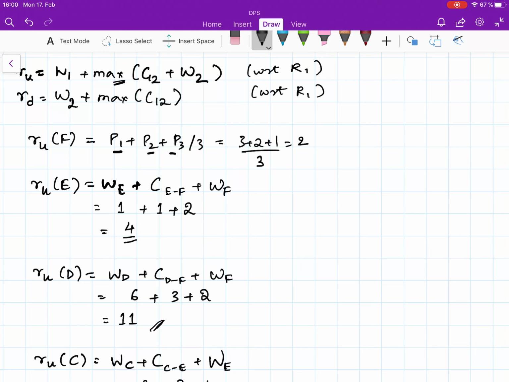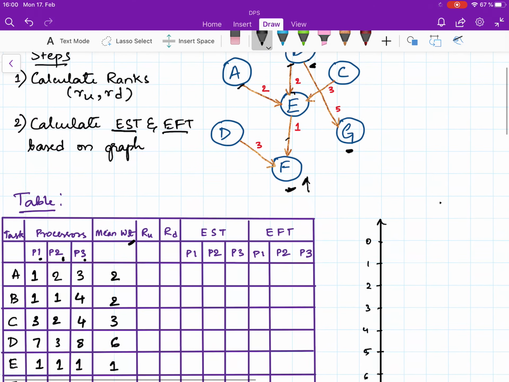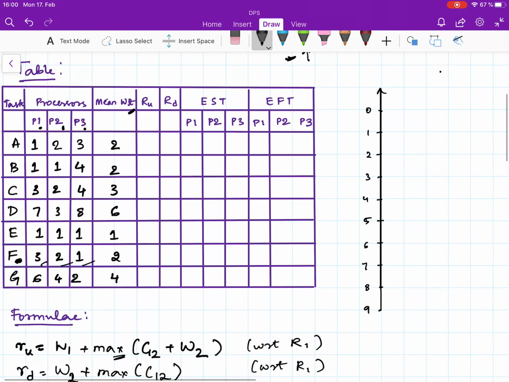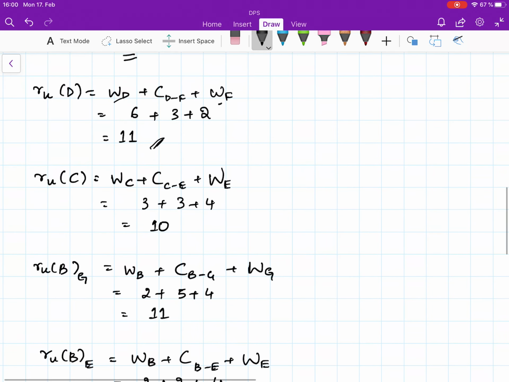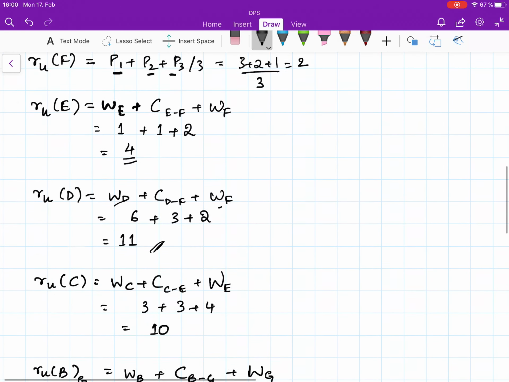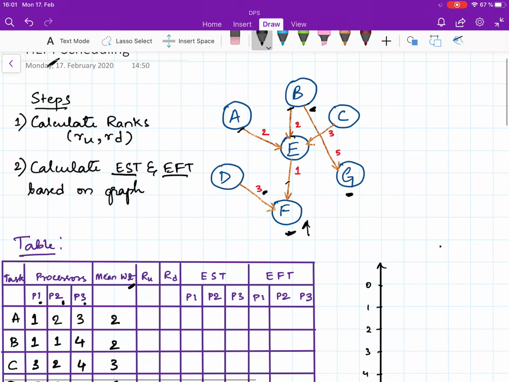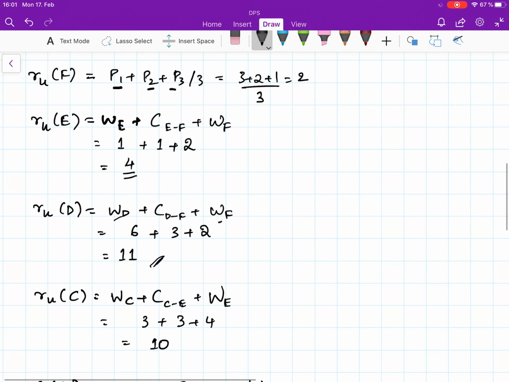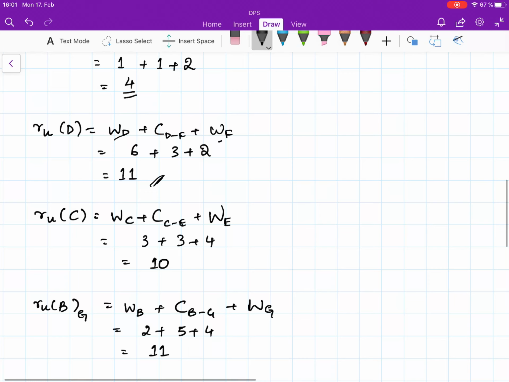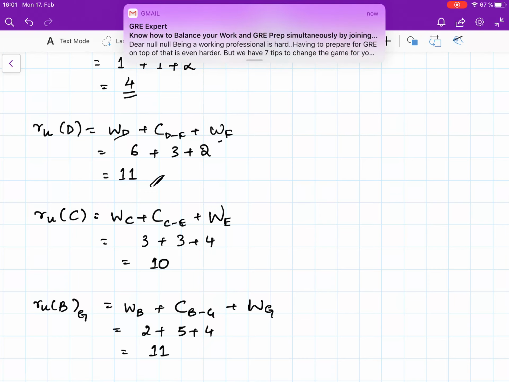You just get the weights from the table and see the communication cost from the diagram, which is 3. For C, it would be simple again because C has only one task directly below it. So it would be weight of C plus communication cost between C and E, and then weight of E.